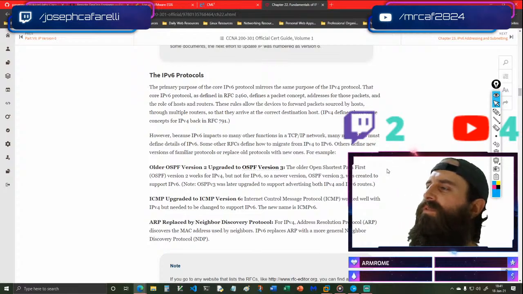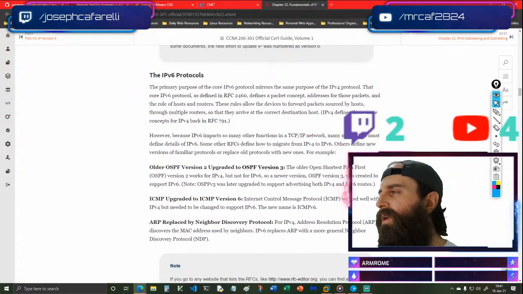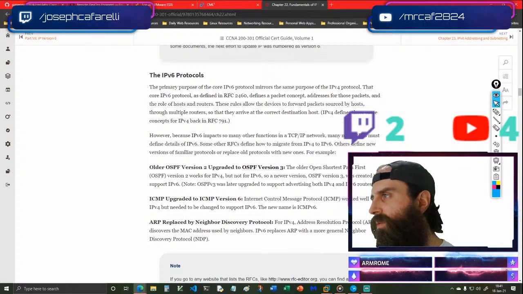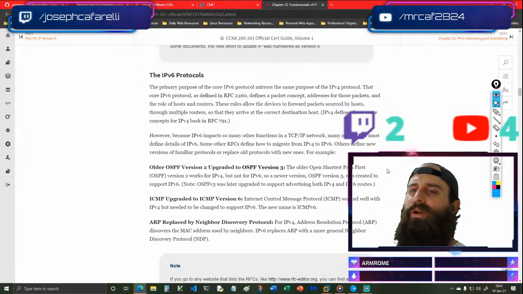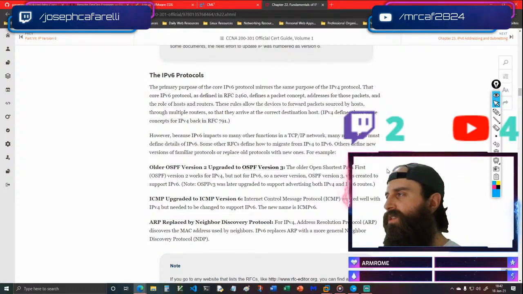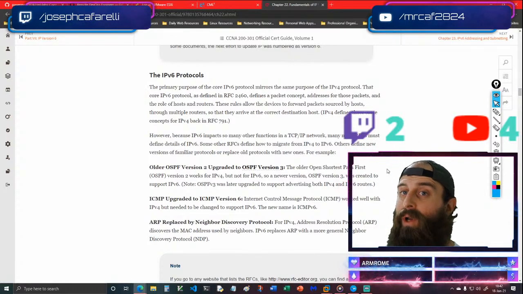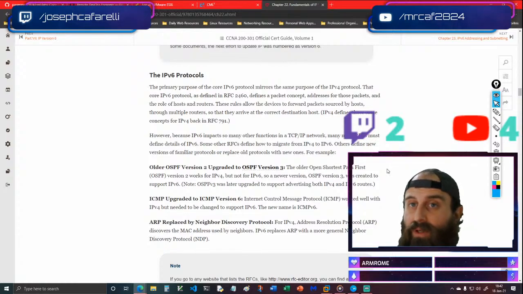Note, OSPF version 3 was later upgraded to support advertising both IPv4 and IPv6 routes. So there's even a newer update to OSPF version 3 that supports both IPv4 and IPv6. It's pretty interesting. All right.